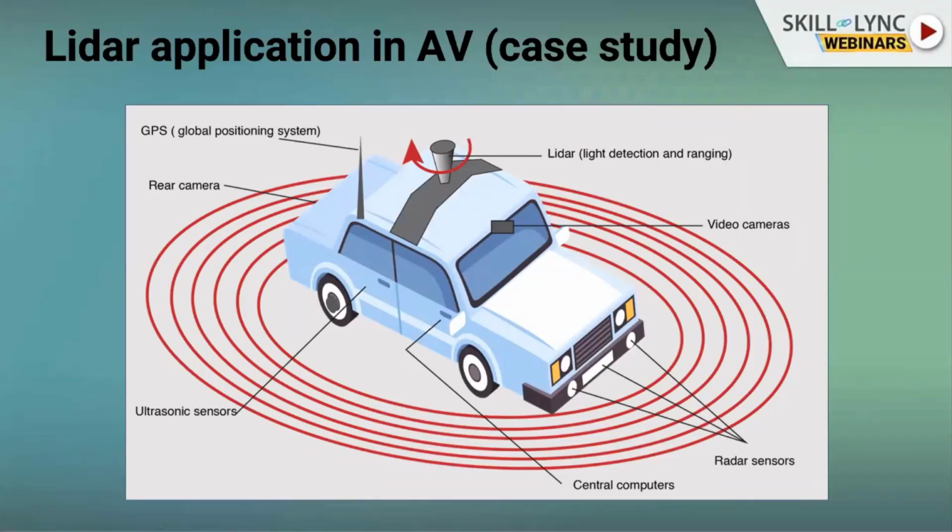Let us suppose you are driving your self-driving vehicle on the road. The camera can tell what object is in front of your car: is it a pedestrian, what is the traffic light color, what is the lane, all the other information about the surrounding environment.